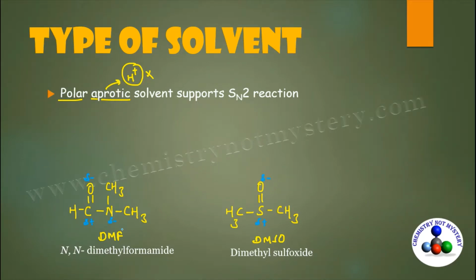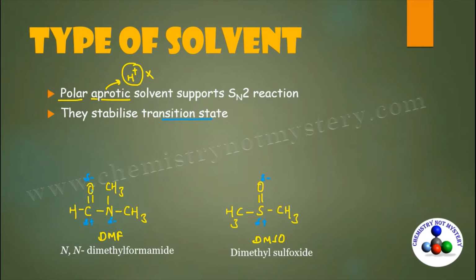So when you see, these molecules do not have electropositive hydrogen, they lack electropositive hydrogen, but they have enough negative charge over the molecule. So when you examine the molecules of these polar solvents, you can see they are polar in nature. Being polar in nature, they can stabilize the transition state, but they do not have electropositive hydrogen.